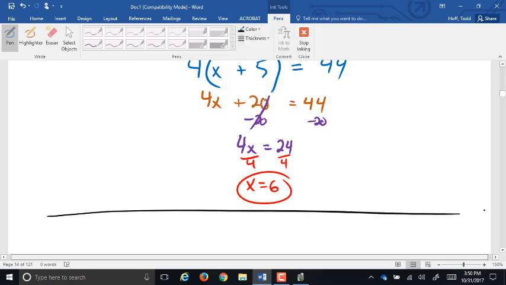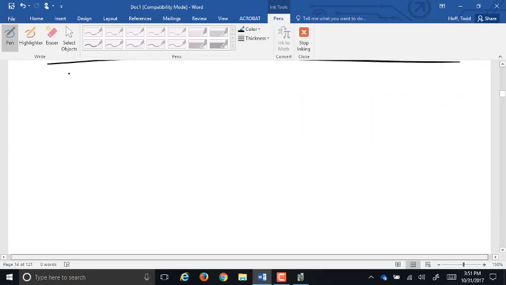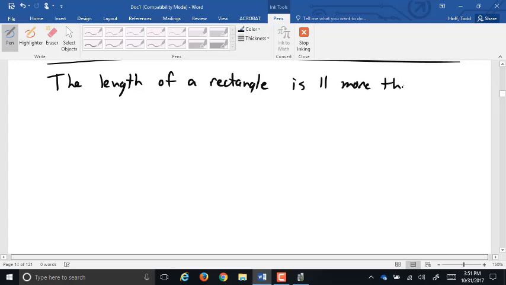We can have our typical word problems that we've had before, like, you're probably sick of these by now. The length of a rectangle is 11 more than the width.